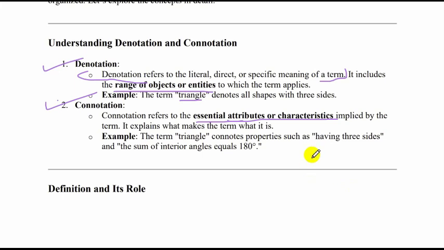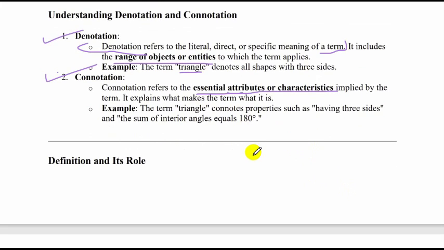Like father is loving, kind, and so on. Flowers is beautiful or something like that. Connotation for a flower would be beautiful, red or white or whatever. Love, that would all be connotations because it explains its attributes or characteristics.